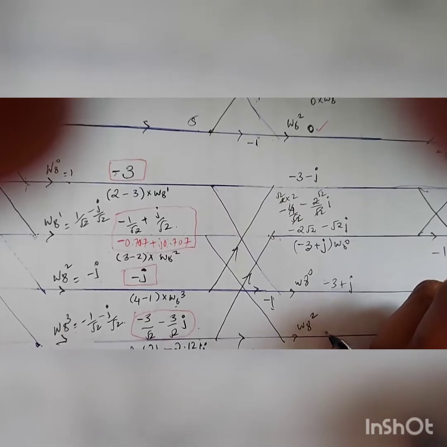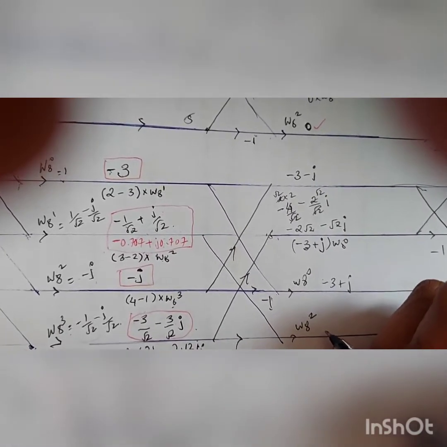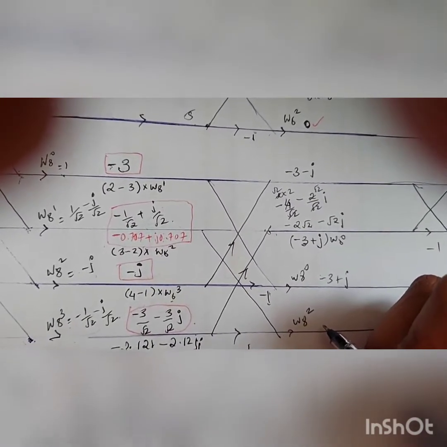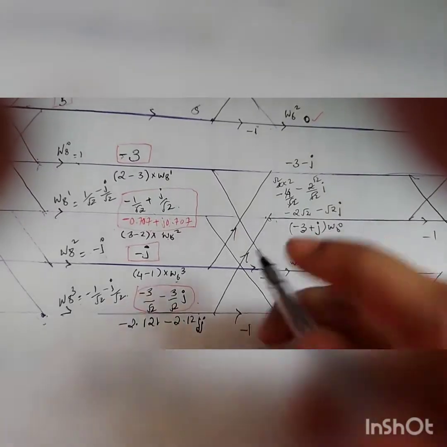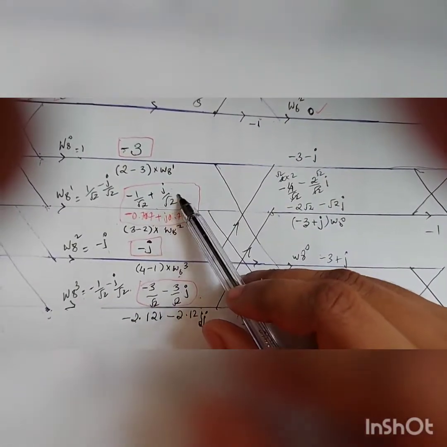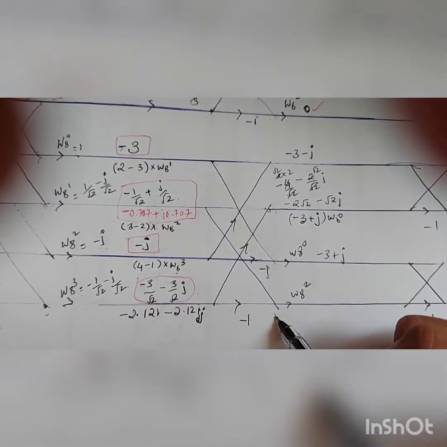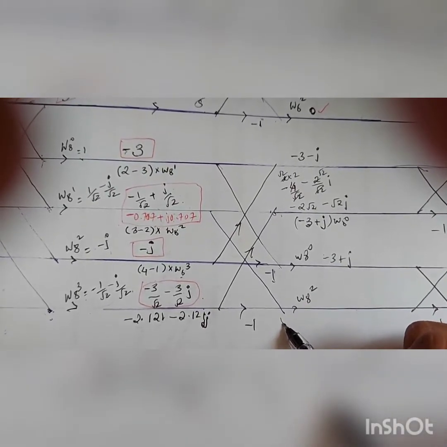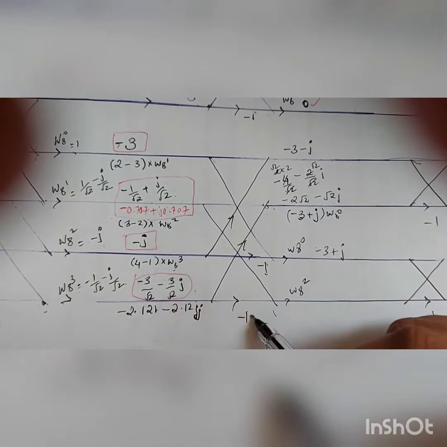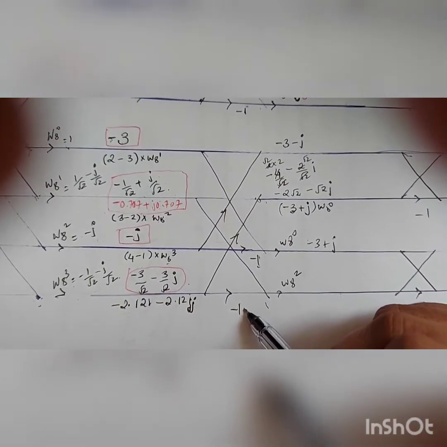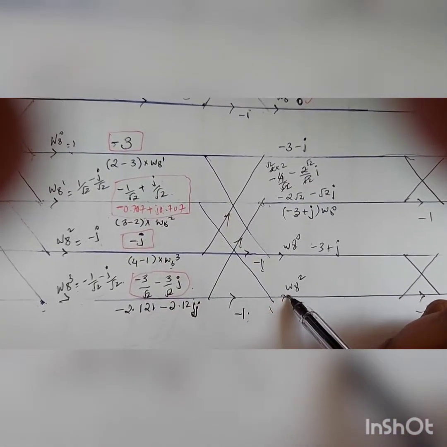So what do I get here? Just observe carefully. I have this value, minus 1 by root 2 plus j by root 2, and this value into minus 1, so this becomes plus, into W8 bar 2.